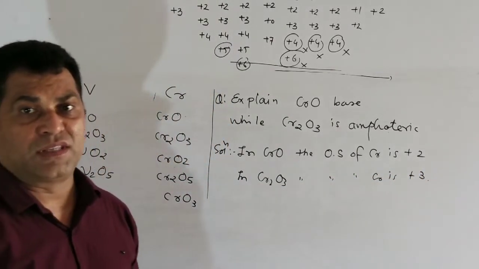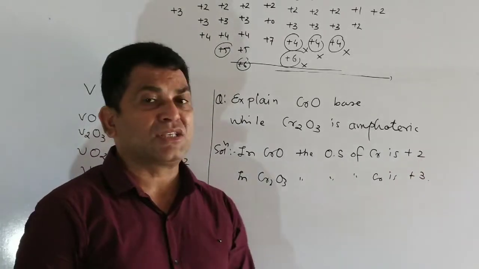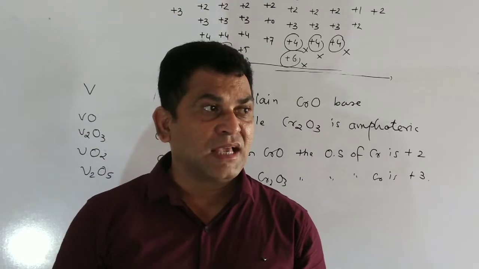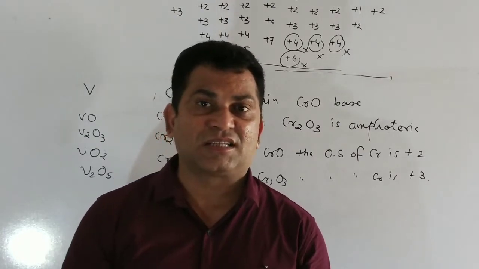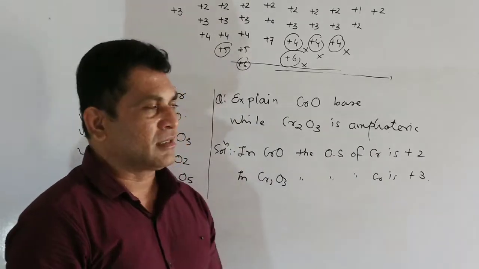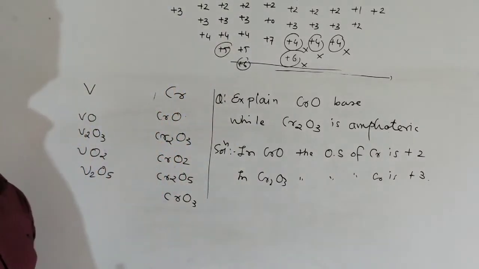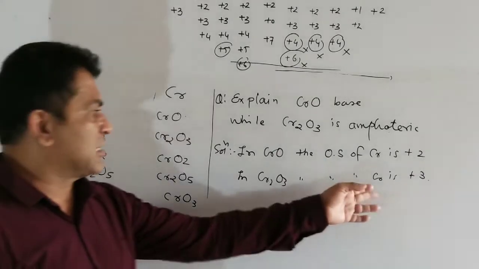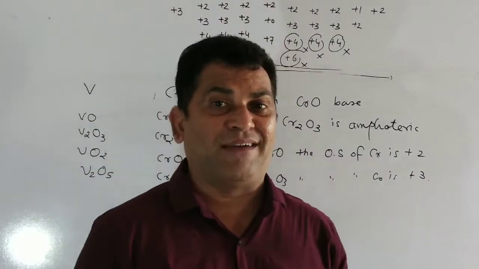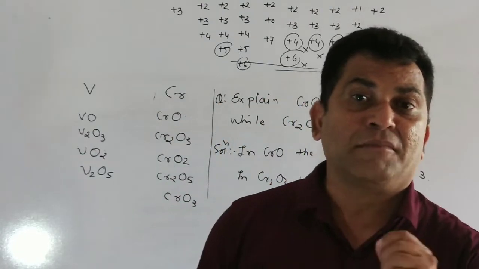And now we know that when the lowest oxidation state is there, it behaves as a base, and when the higher oxidation state is there, it behaves as an acid. But +3 is neither very high nor very low, and that's why oxides like Cr2O3 and CrO2 will behave as amphoteric material.